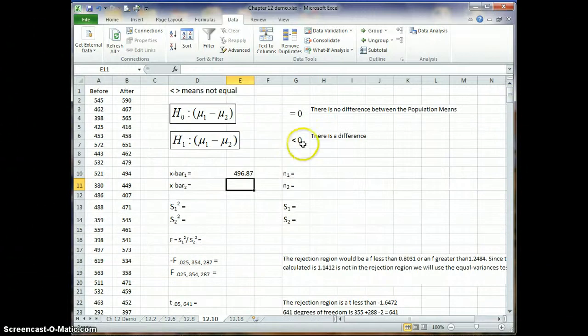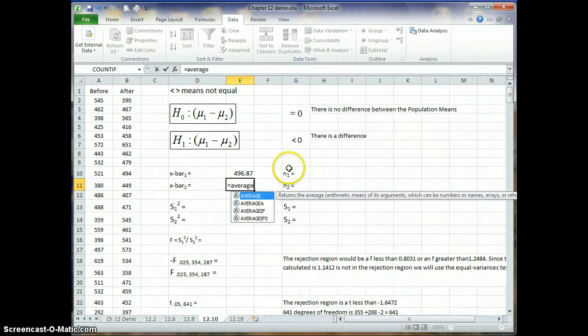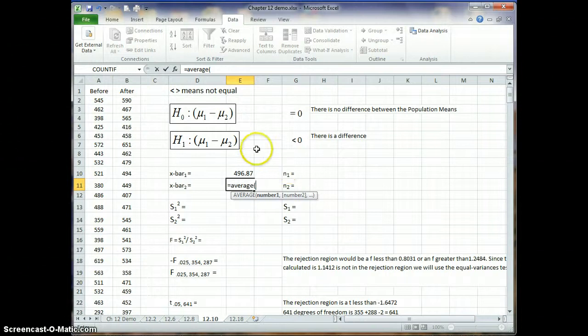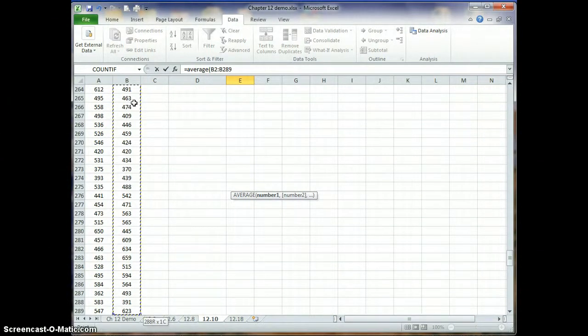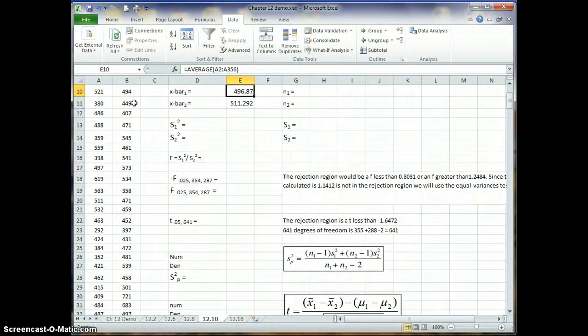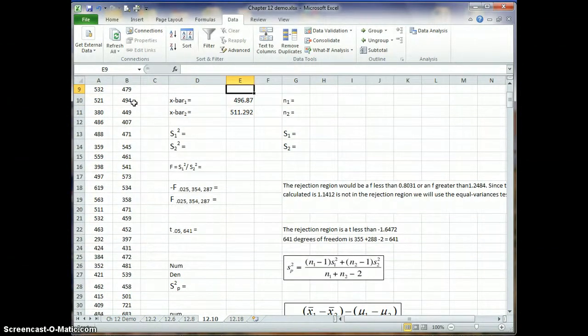Over here, we're going to do the same thing with the after scores on the SAT. In this case, it'll be B2, same technique, down to 289. Close it for an average of 511.292.